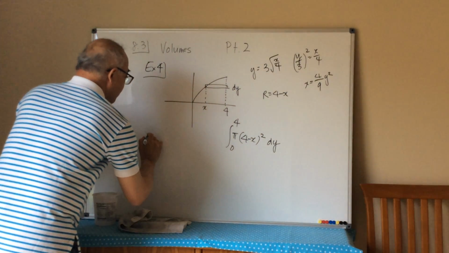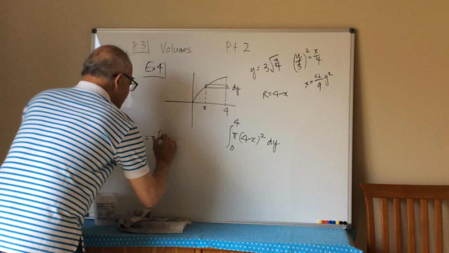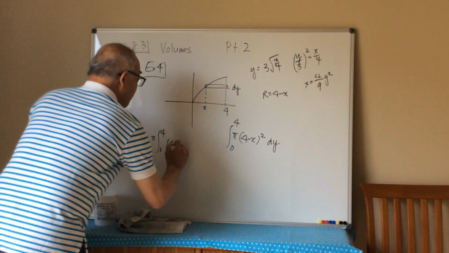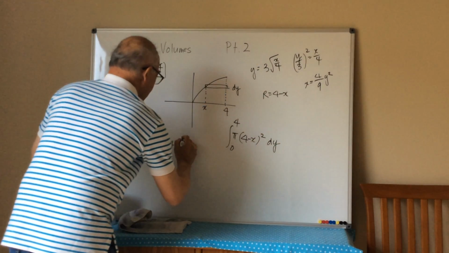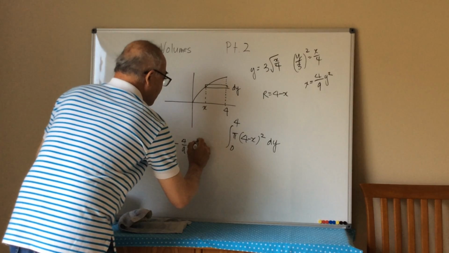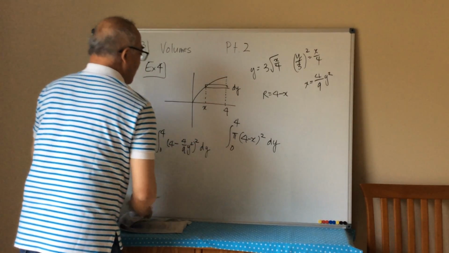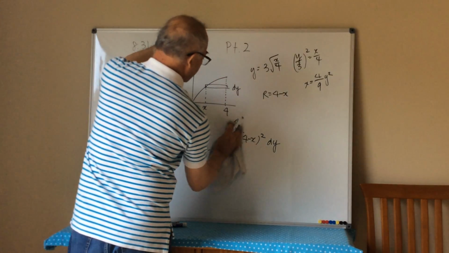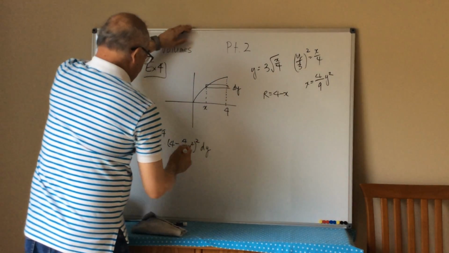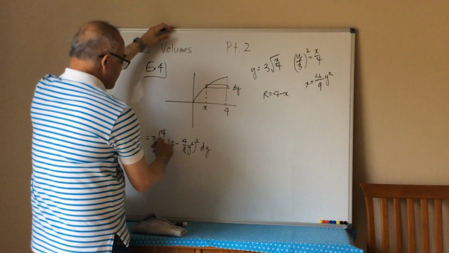So what do I get here? I'm going to pull the pi out, 0 to 4, 4 minus 9y squared over 4, and I'm squaring this, dy. So I'm going to pull the 4 out here, but I have to square it so it becomes 16.